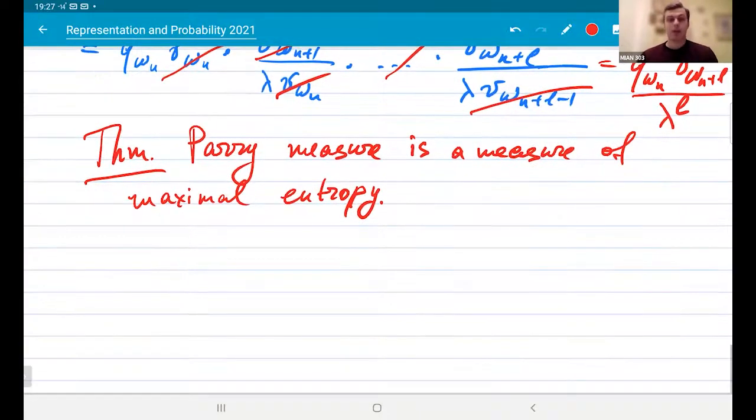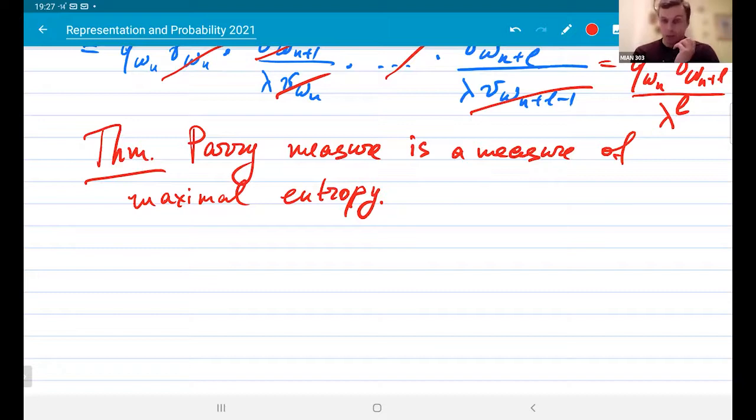Well, what does it mean? It means the following: let us start with, what is an entropy in this setting? This is quite widely used in information theory, and the definition is the following.